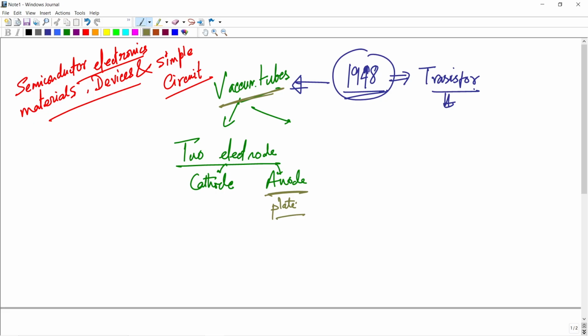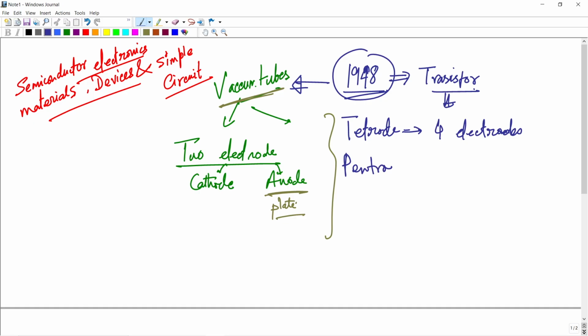And there are some other devices called tetrode and pentode. The tetrode has 4 electrodes, and the pentode has 5 electrodes.